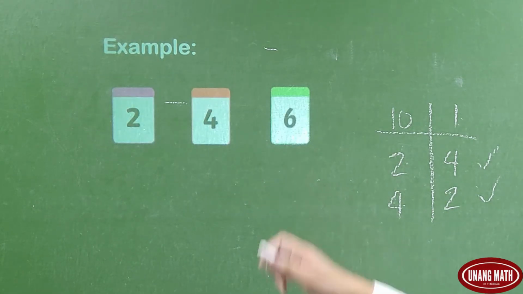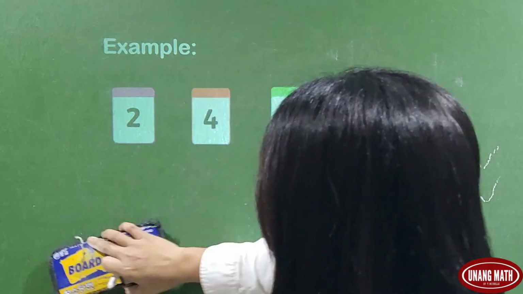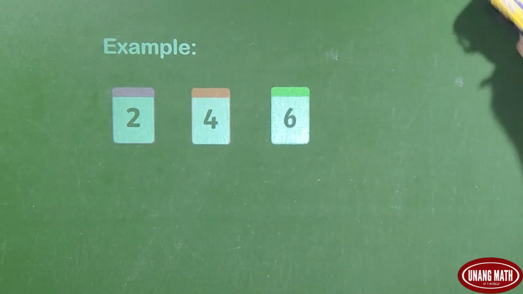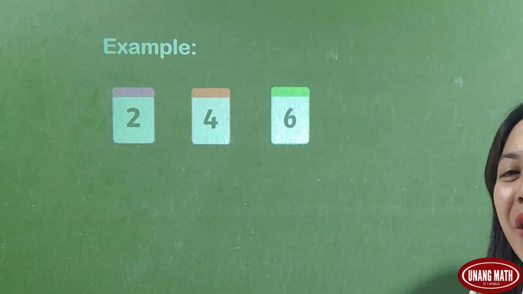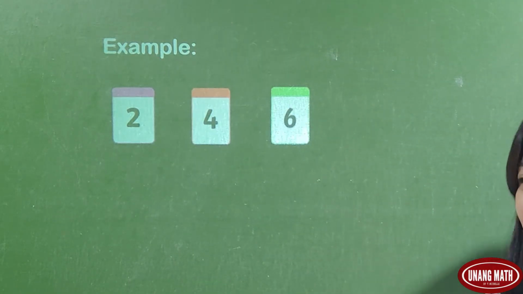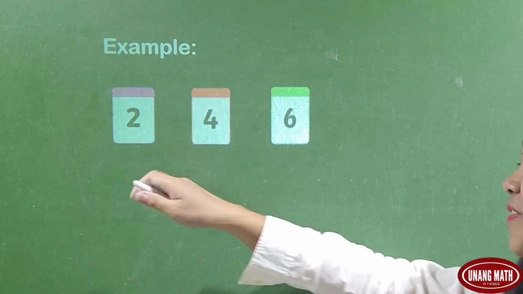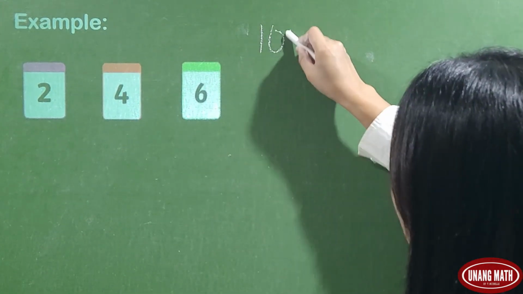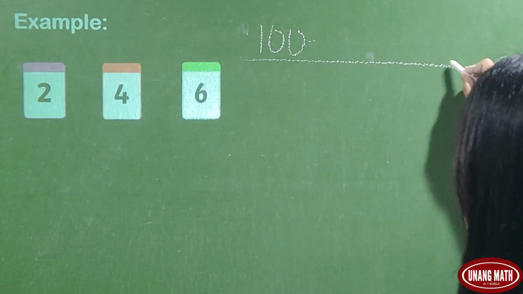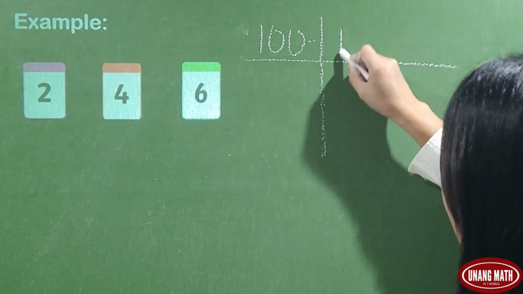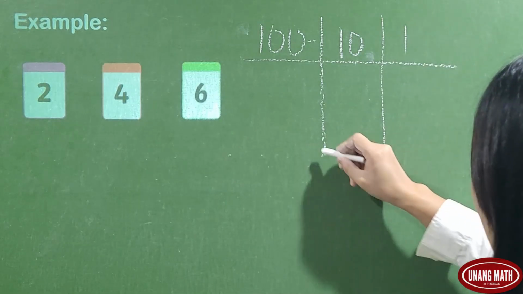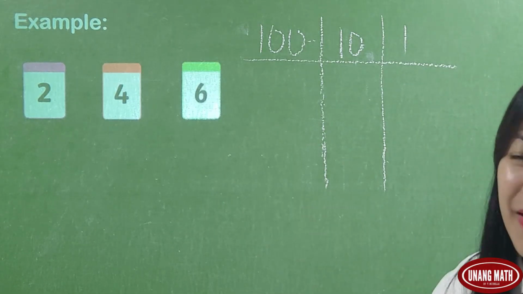How about if we have three number cards? We are going to write or create three-digit numbers using all these number cards. If it's a three-digit number, then we have a number in the hundreds place, in the tens place, and in the ones place.